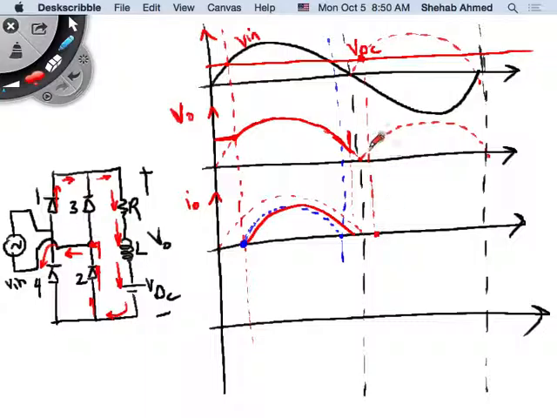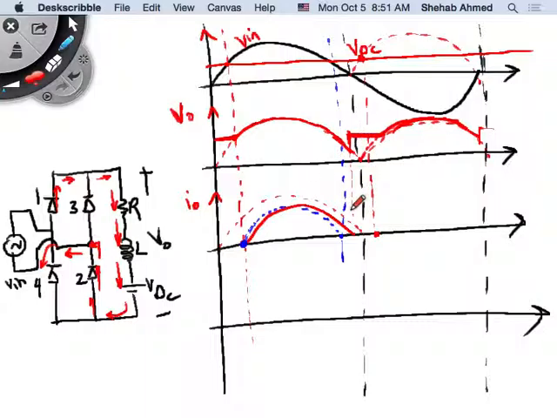So until this point here, I didn't draw this input nicely, the output is what? VDC, right? And then the output is equal to the input until current stops flowing, and then goes back, and so on.